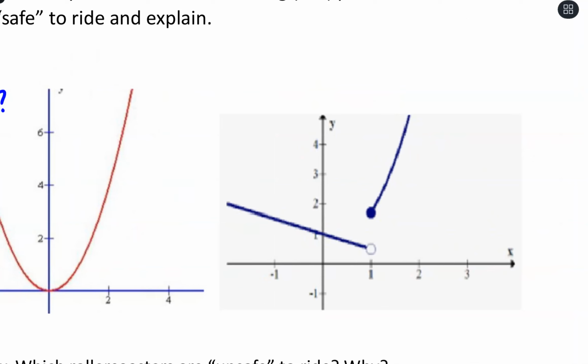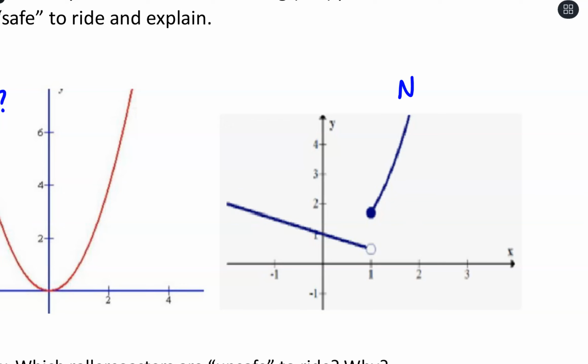This one here, okay, so we're going downward, and then somehow magically our roller coaster elevates and then starts going upward. The magic part might be kind of fun, but in the reality of our real world, it's a bit confusing. I don't think that would be very fun or safe.